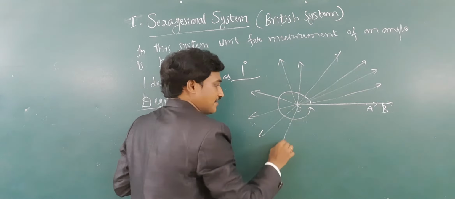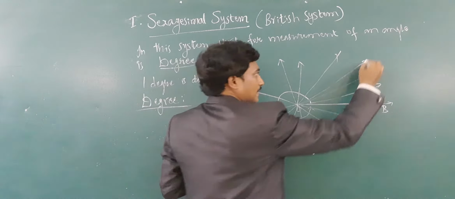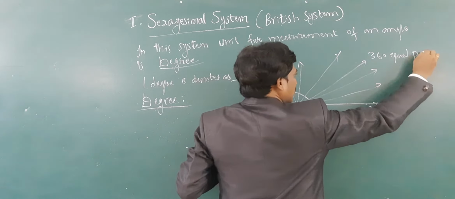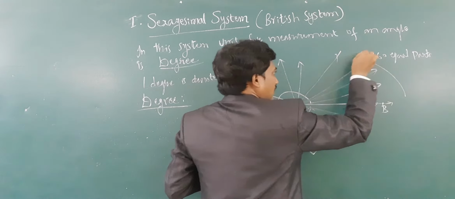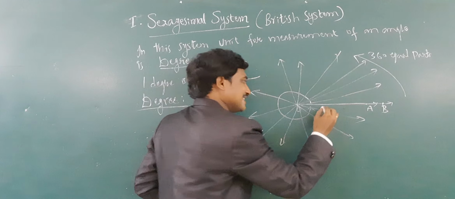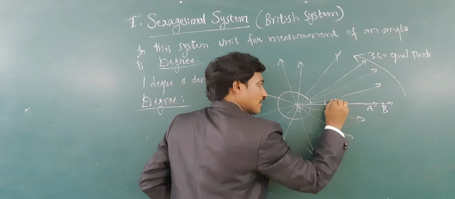A complete angle is divided into 360 equal parts, and each equal part is called a degree.